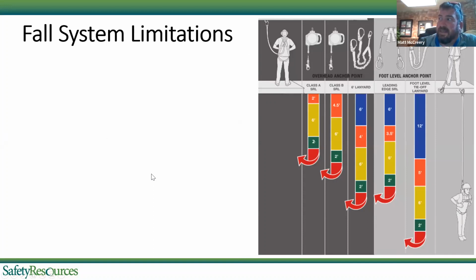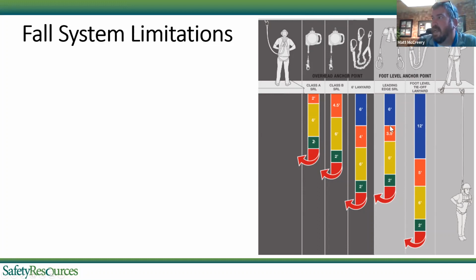This is just an interesting graphic, I think. We have your class A retractables, and you're stopping much quicker than, let's say, your foot level tie off lanyard, right? This is when you start seeing the 12, 17, where are they going? 20, I mean, they're saying 25 feet. I have a hard time with that; it means they probably set it up wrong.